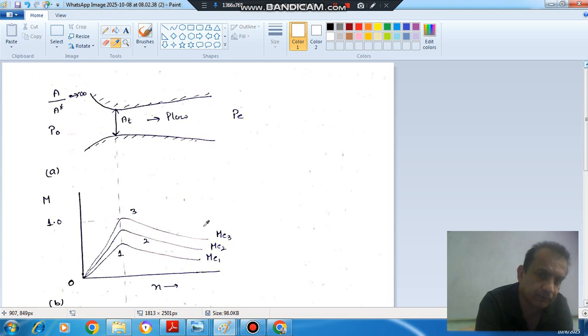When the PE was reduced, exit Mach number ME1 was achieved, which was subsonic, and when it is further reduced, ME2 was achieved, which was also subsonic. Then it is further reduced to P3, ME3 was achieved, which was also subsonic.